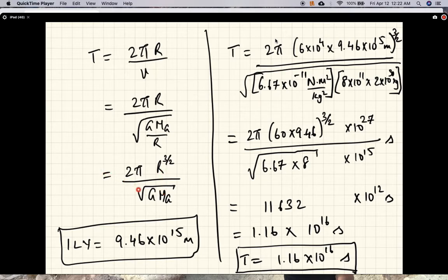So if the period is smaller, that means there must be more mass than we see. Since the period is 1/6, the mass is 36 times greater than what we see, because the square root of 36 is 6, and that would give you 1/6 the period.